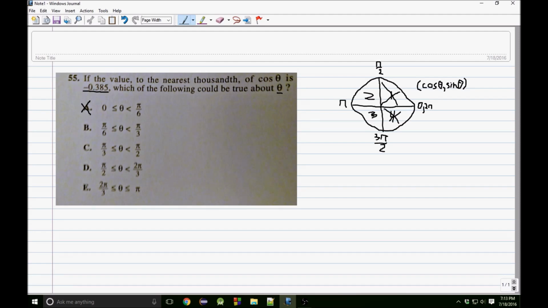We can completely eliminate that because that's less than pi over 2. We have pi over 6 and pi over 3. We can eliminate that because that's less than pi over 2 as well. We have between pi over 3 and pi over 2. We can eliminate that as well because that's not greater than pi over 2. So we're left with D and E.